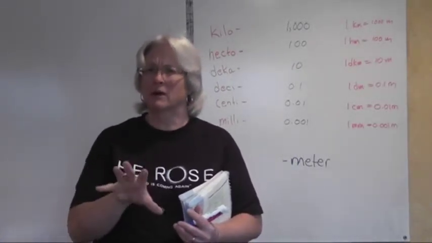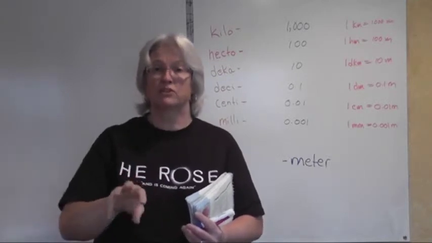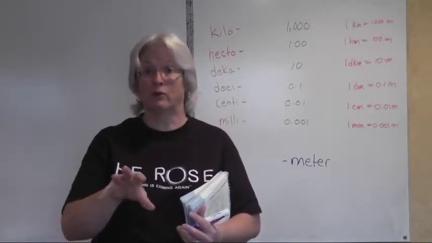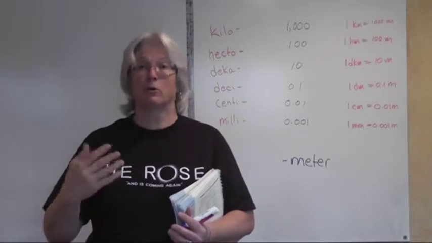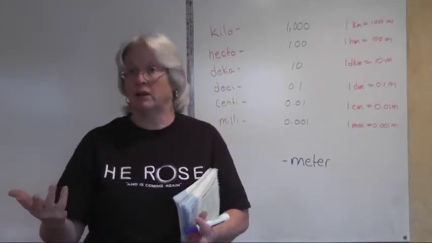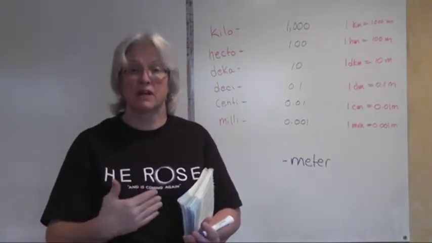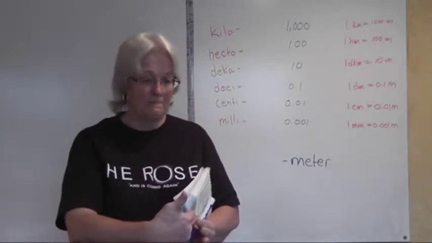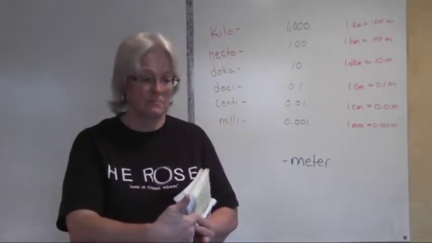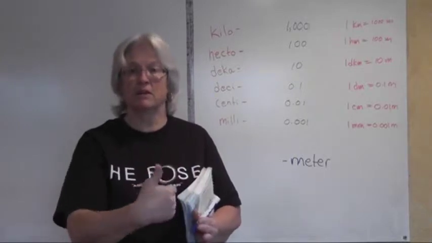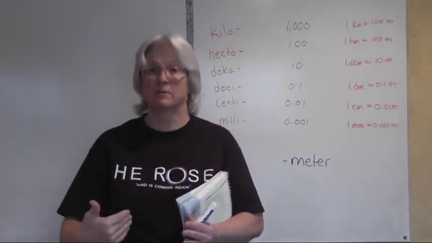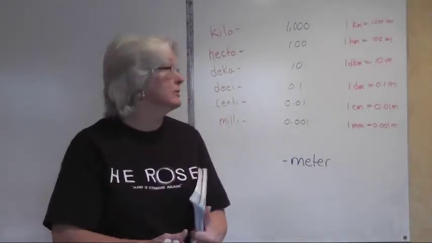You see what I'm talking about? The multipliers that you use. I would much rather multiply by 10 or 100 or 1,000 than to multiply and divide by 5,280 or 36. So it's just a consistency that's used with the metric system that makes it very, very nice to use.